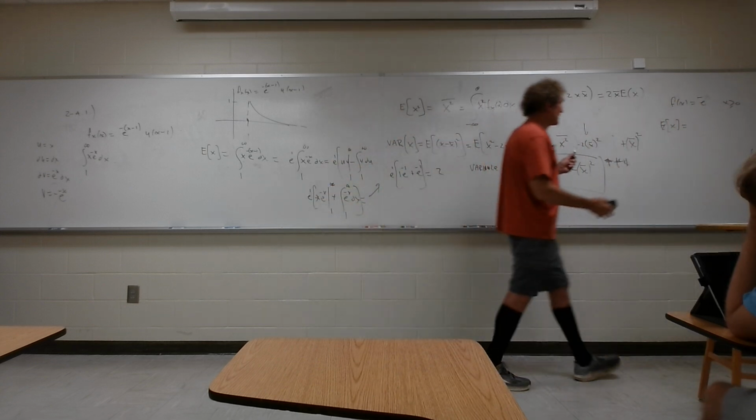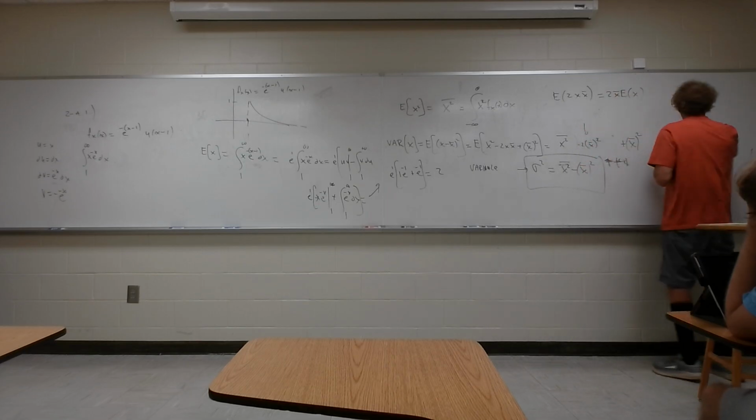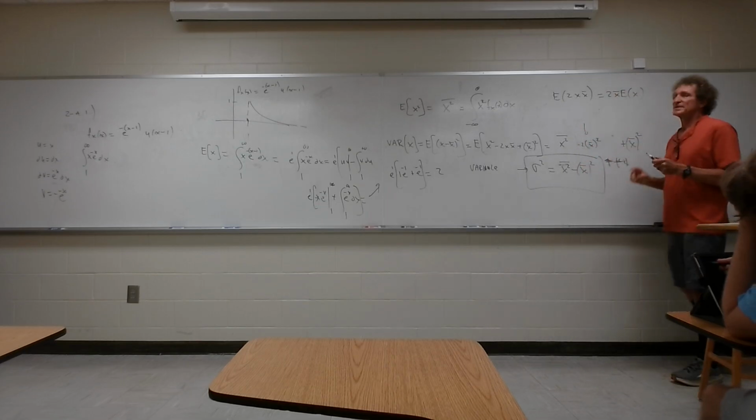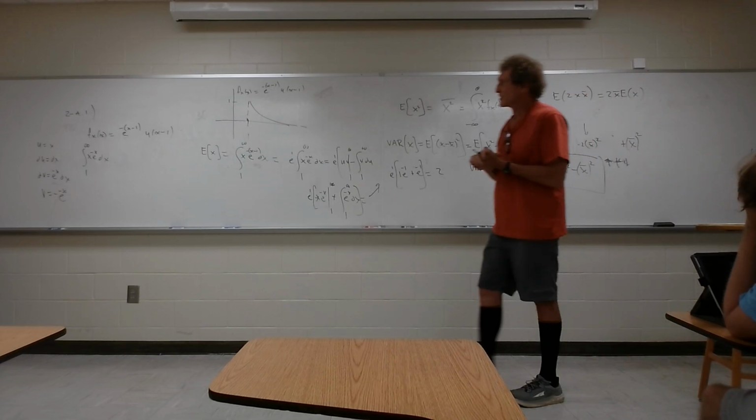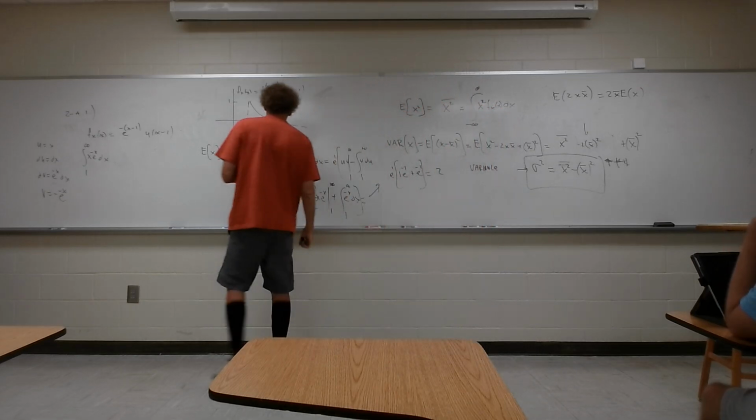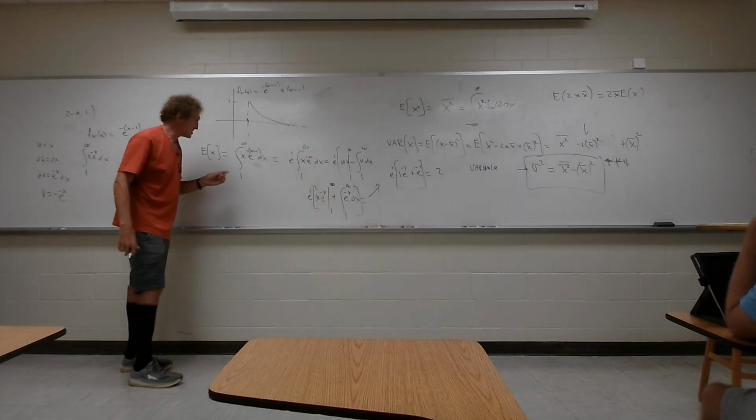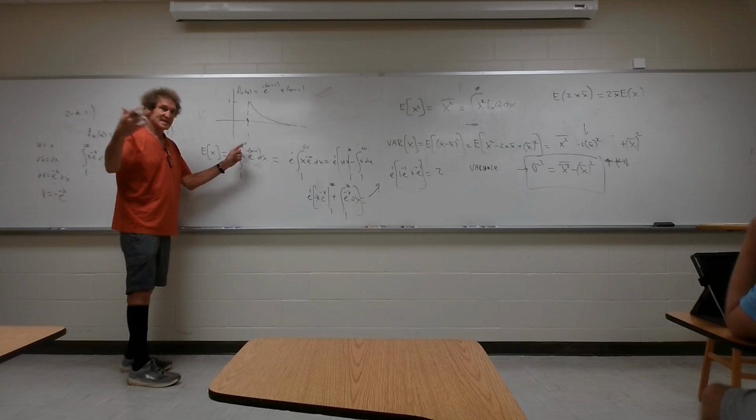The expected value of a density function that's just e to the minus ax dx. You follow me on this?